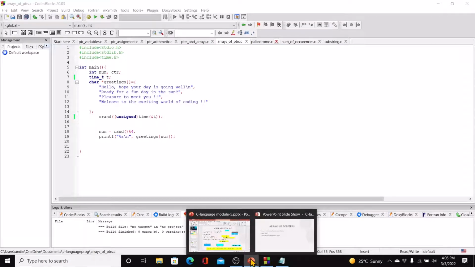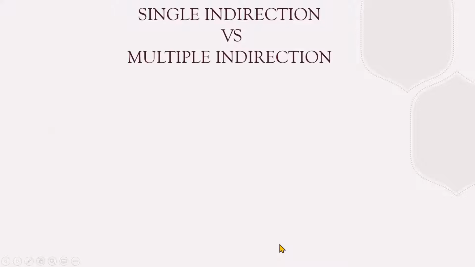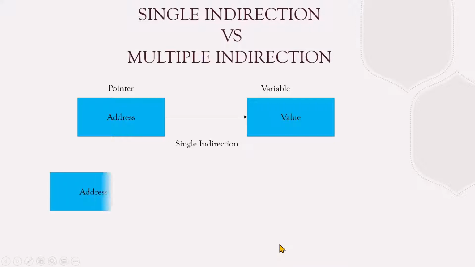Okay, and of course we will be using these more and more as we go along in the code. This is just to show you what we can do with pointers. Now moving on. Single indirection versus multiple indirection. So far we've seen single indirection, right? We've seen a pointer and that variable, and that's single indirection. But we could have multiple indirection as well.